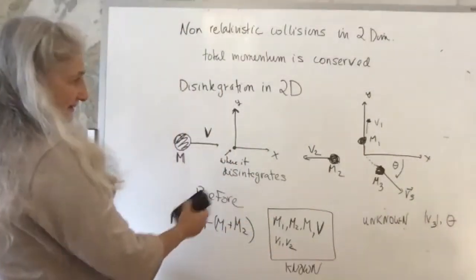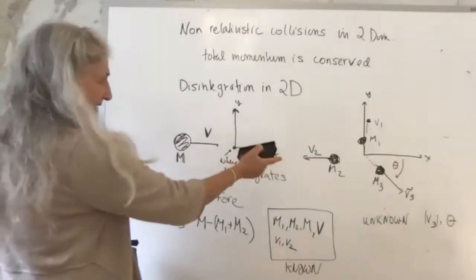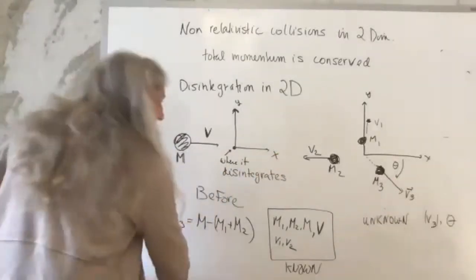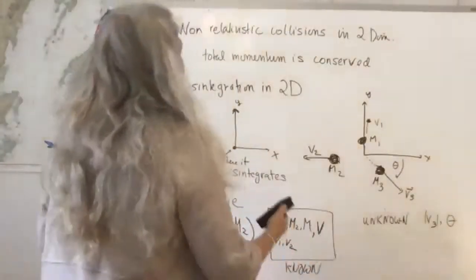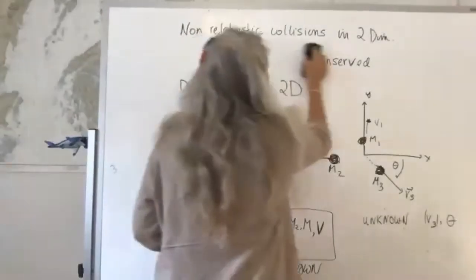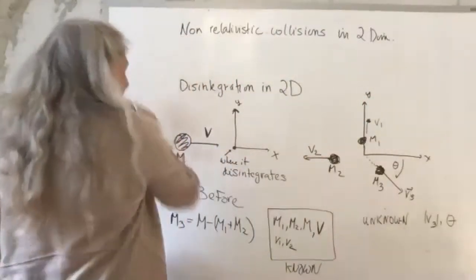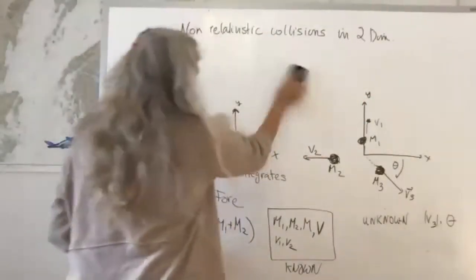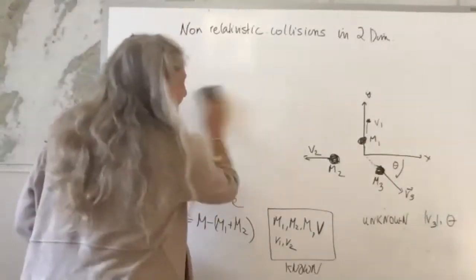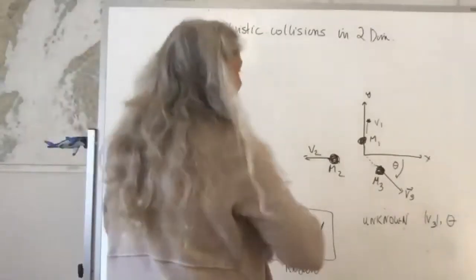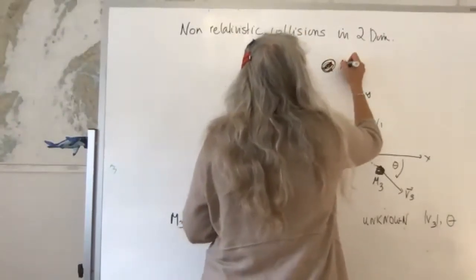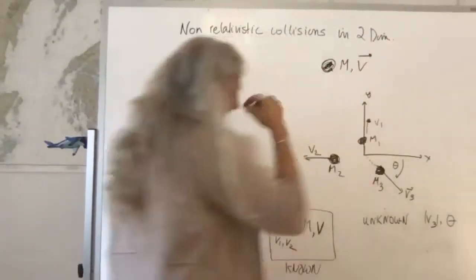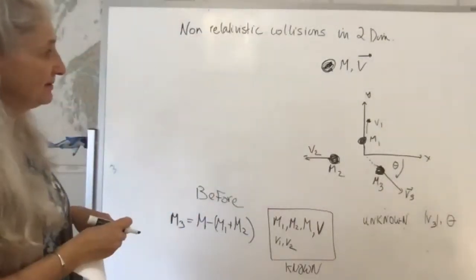Okay, so that picture we kind of need, maybe I'll move this picture up here. Let's erase this. But I'm going to remind you that the initial picture is M and V. That's the initial picture.